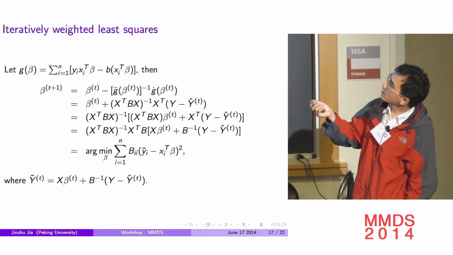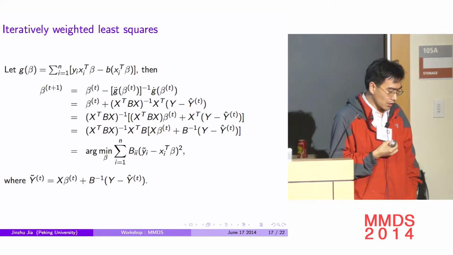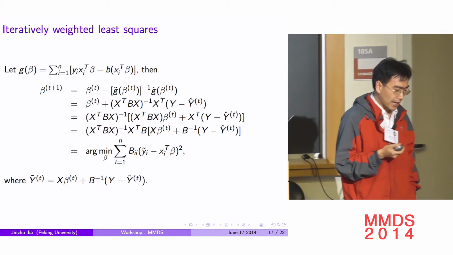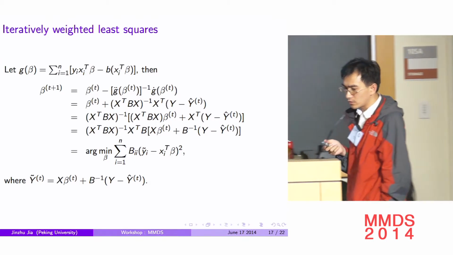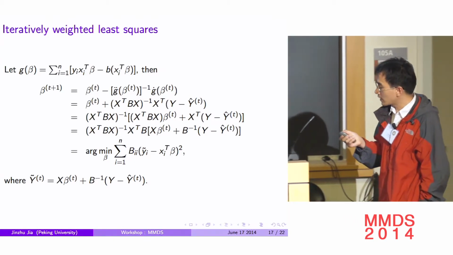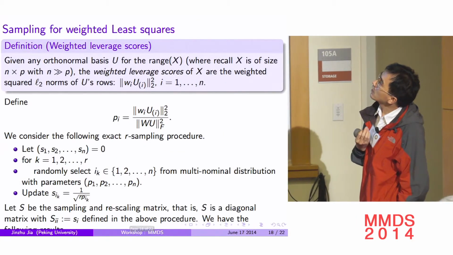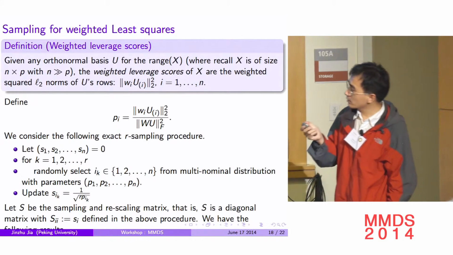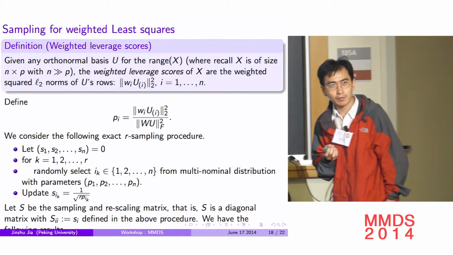this weight changes in each iteration. So every time you have to calculate the leverage score. Now we propose a new method. We do not have to calculate the leverage score in each iteration. The method we propose uses the weighted leverage score as the sampling probability.